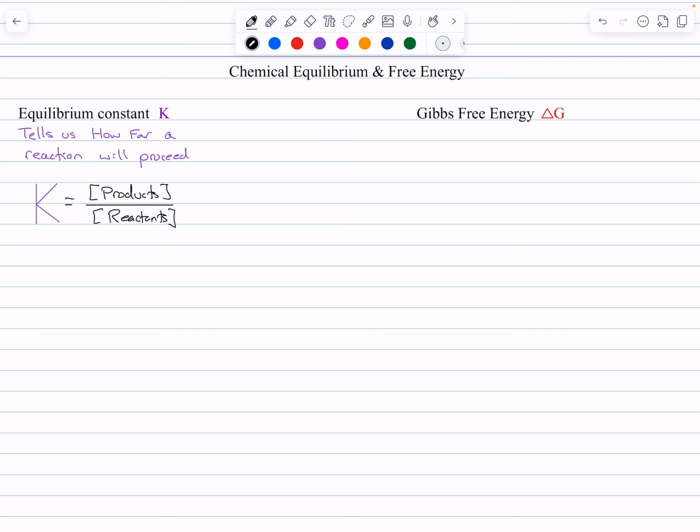It's the equilibrium constant. K can be a few values, and we'll talk about that. But we have to go back to delta G here. What does delta G do?